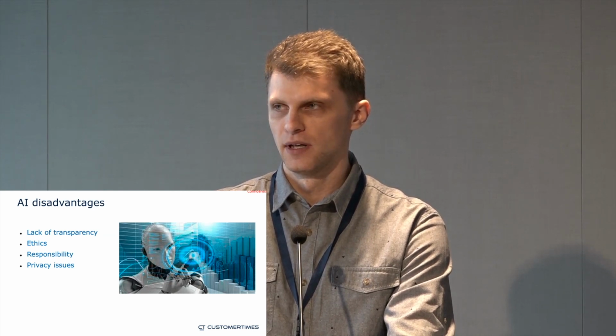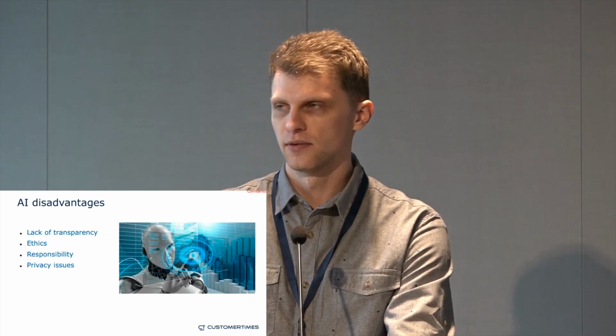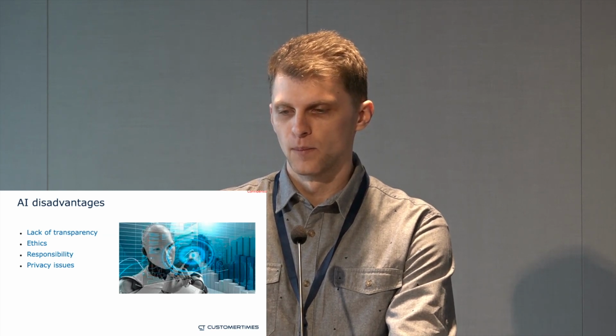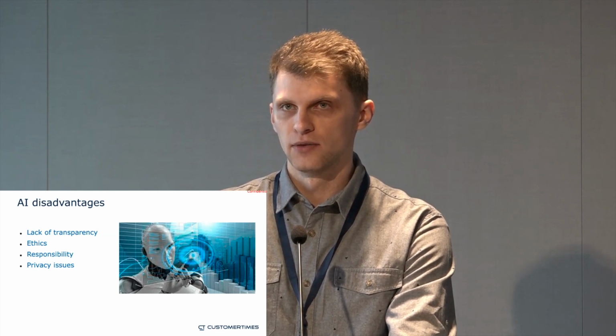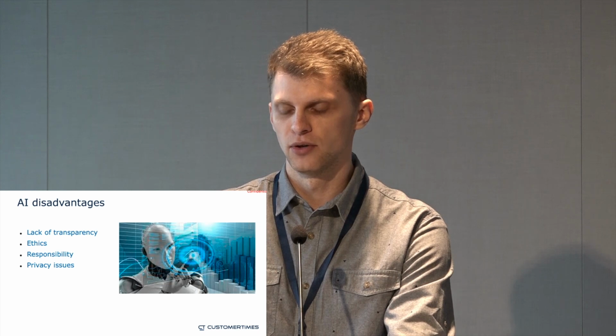Responsibility. It becomes harder to point out the responsible side of a failed self-learning AI machine. In the end, it determines its own way. Privacy issues. The trade-off between privacy assurance and large amounts of data, which leads to better results.